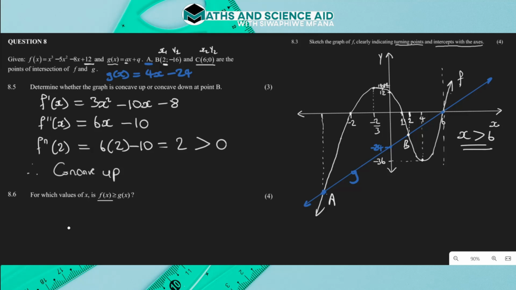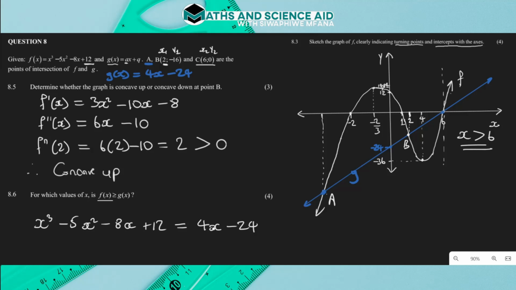Of course, to determine the point of intersection, we are going to take the equation of f, which is x cubed minus 5x squared minus 8x plus 12, and equate it to the equation of g, which we have found to be 4x minus 24.